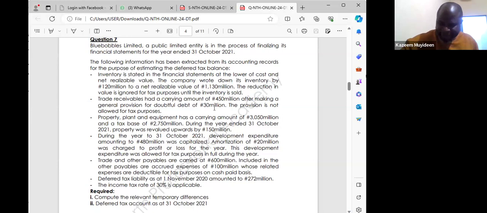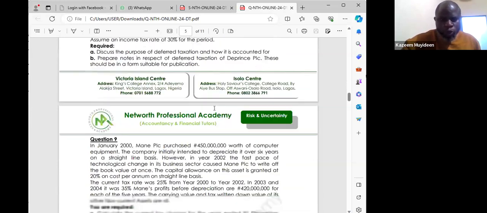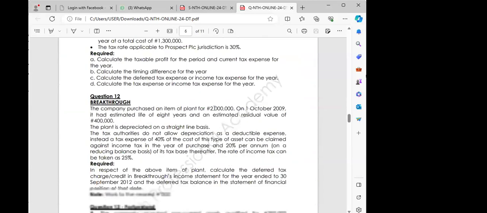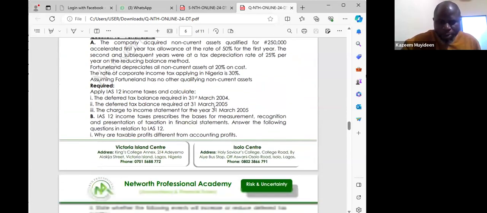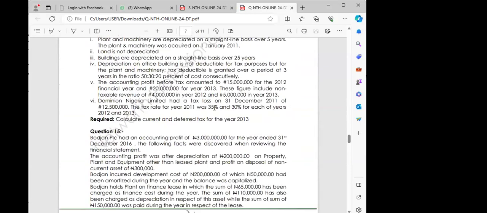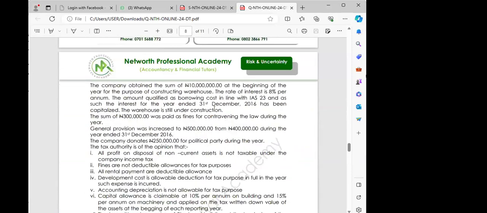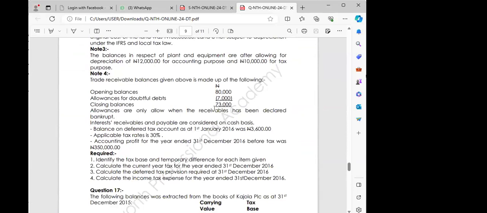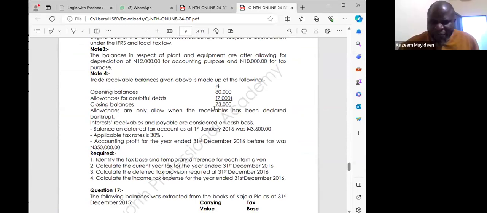The next time we are meeting, this is what we are expected to do. The question I have is a combination of everything. Like this question: identify the tax base and the temporary difference for each of the items given. Calculate the current tax for the year. Calculate the deferred tax provision.